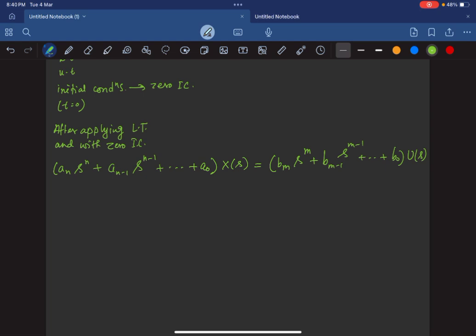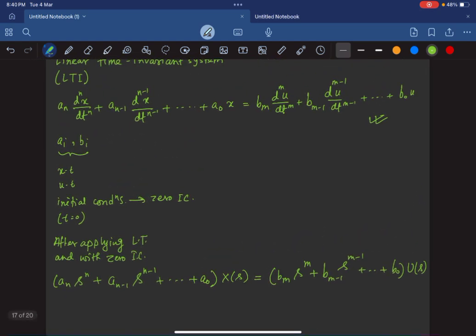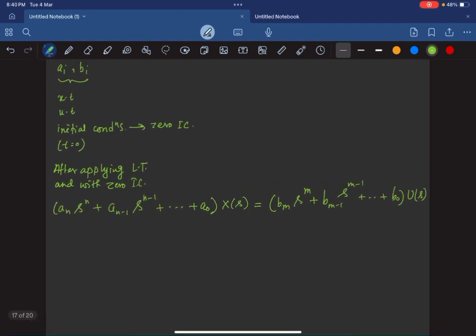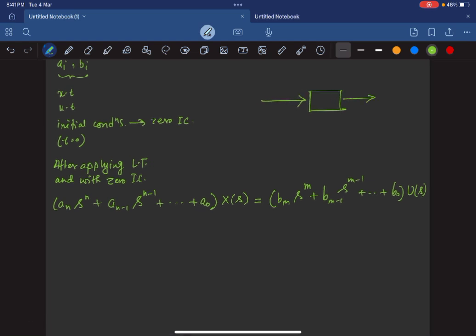X(s) and U(s) are nothing but the Laplace transforms of the main functions, that is x and u. Okay, here you can think of a system with input and output. One example you can take: here the input is U(s) and the output you are getting is X(s), and here you have the system.